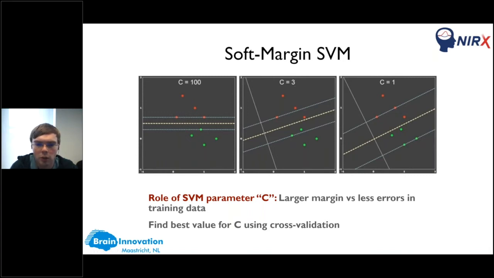And this would allow you to differentiate this pattern in a more general way. And decreasing the C even more to 1 would allow you to have an even better fit between these two classes. And you can find the best C using, for example, cross-validation and some feature reduction as well.